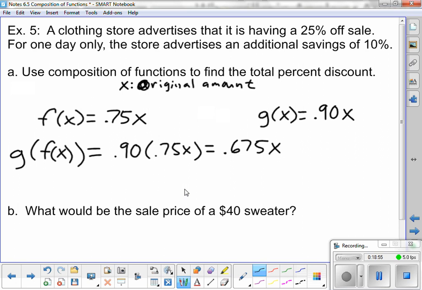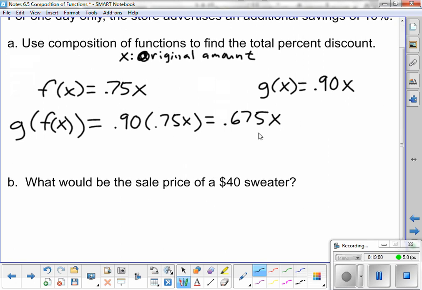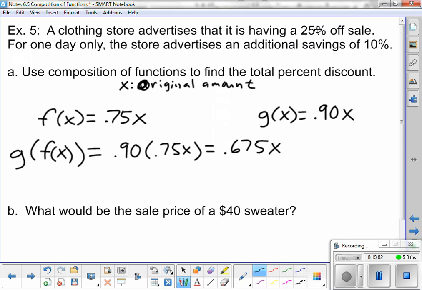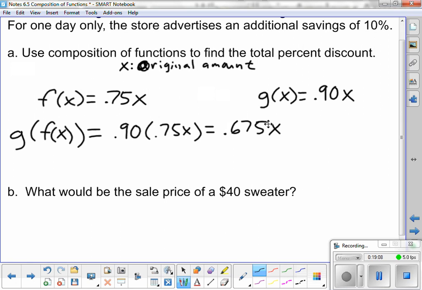So that will be how much you're paying for the sweater after a 25% discount and a 10% discount. You're actually paying 0.675. Now, percentage-wise, that's 67.5%.